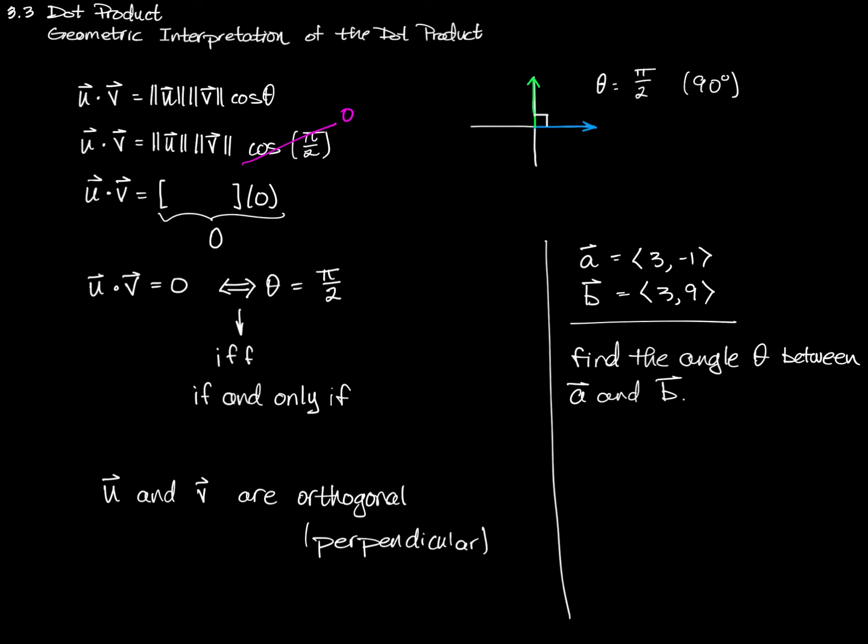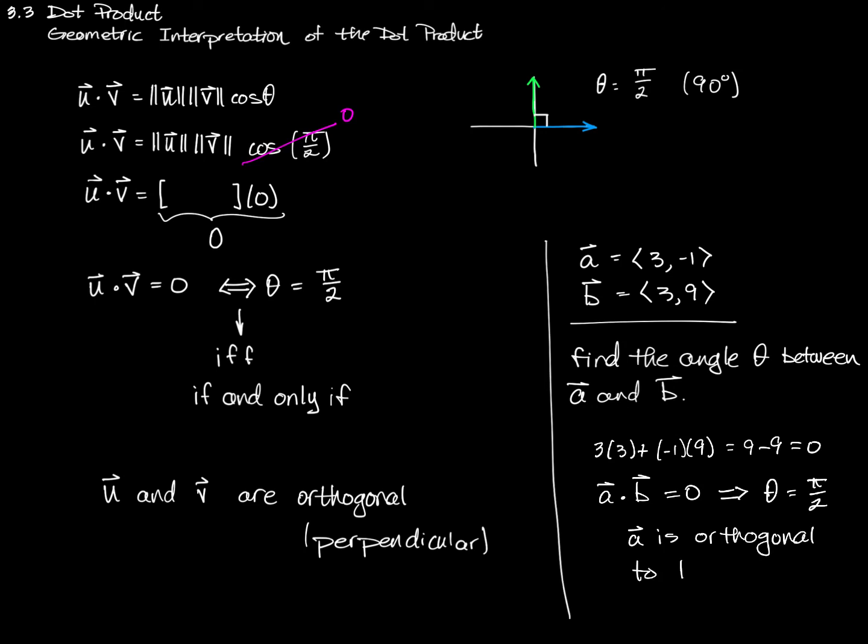But let's just start with the dot product, and that's going to be A dotted with B: 3 times 3 plus -1 times 9. Well, that's 9 minus 9, and that's 0. So I'm done because the dot product is 0. A dotted with B equals 0 means that theta equals pi over 2. I'm done. A is orthogonal to B.